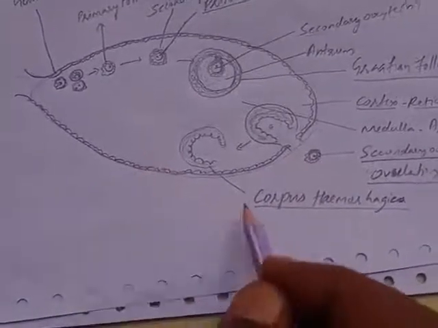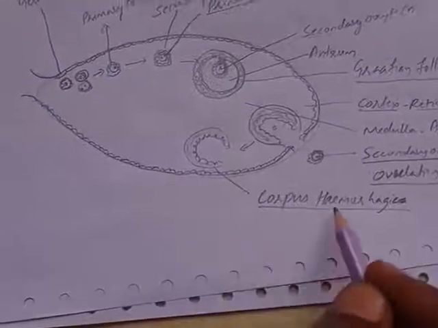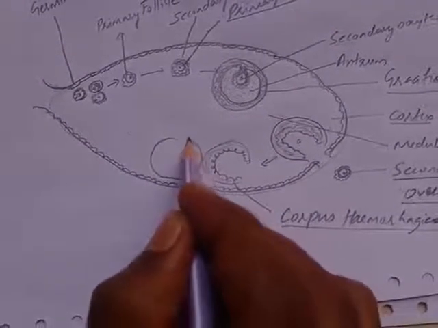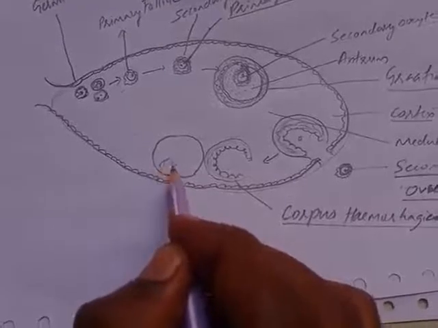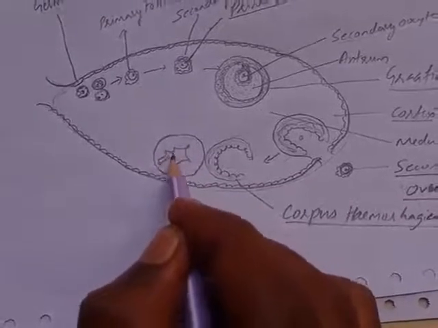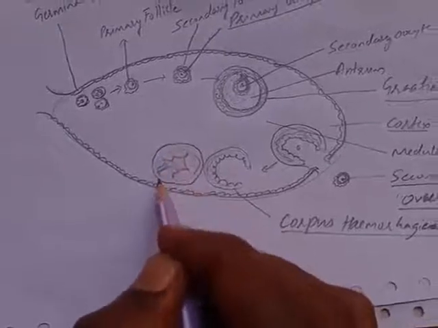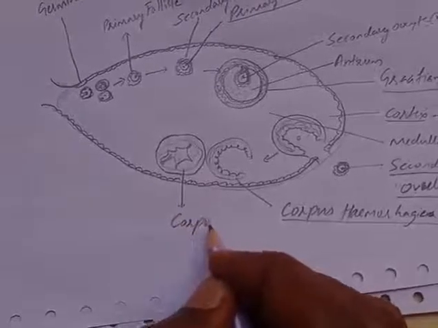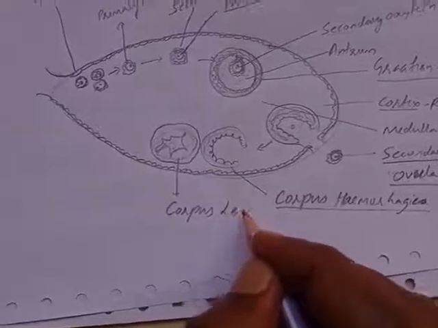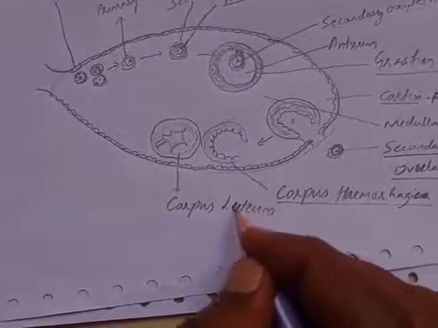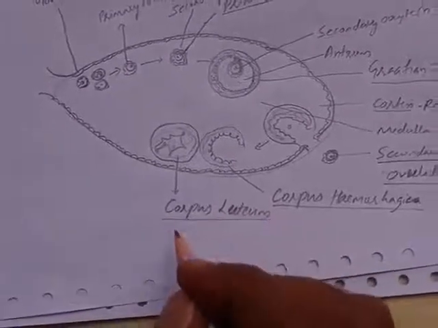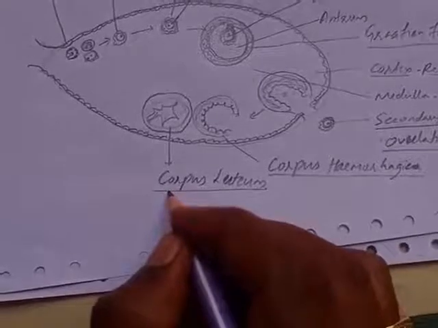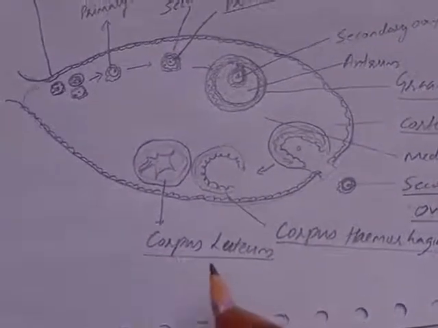And later on, if fertilization occurs, this corpus hemorrhagica develops into a structure called corpus luteum. This corpus luteum functions if fertilization occurs, otherwise it disappears or degenerates.